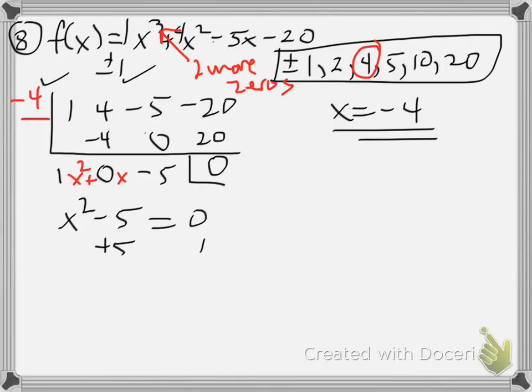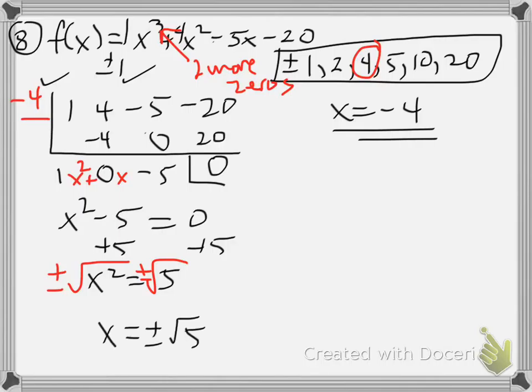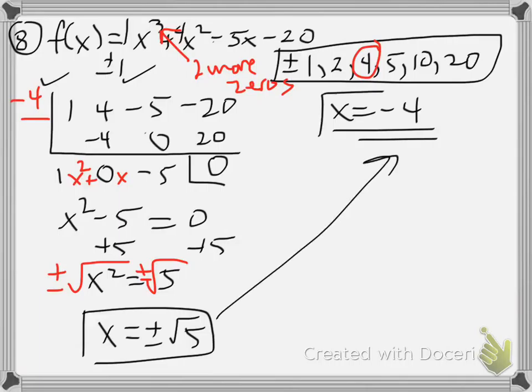So I'm going to add 5 to both sides. I'm going to get x squared equals 5. I'm going to take the square root. Remember, it's plus or minus the square root. Okay? I'm going to get x equals plus or minus root 5. So those are the extra zeros that we need to add with this 0 here, and there's our 3 zeros. Pretty easy, huh?